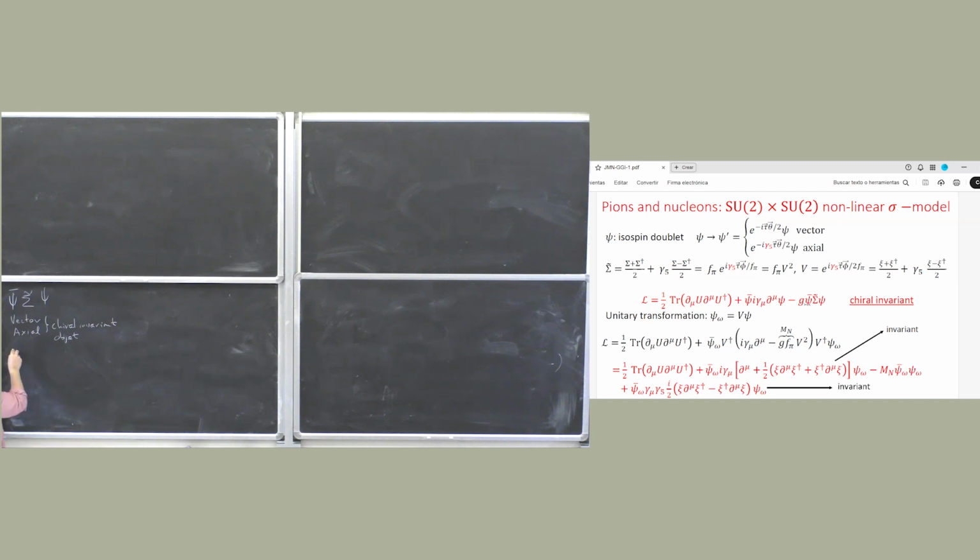And this psi tilde is just f pi v squared, and v is just e to the I gamma 5 tau 5 over twice f pi. Okay?